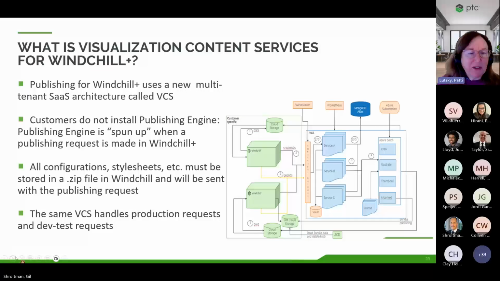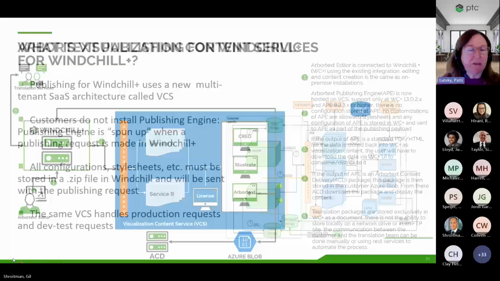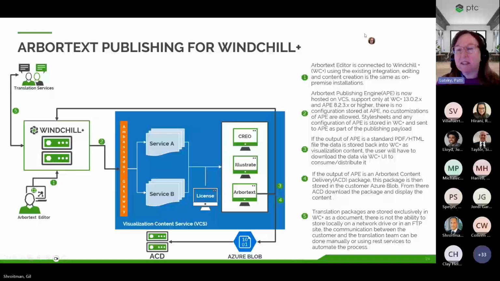Now, just a few other things to mention about Windchill Plus and Arbortext. This is a simpler chart, similar to the previous one, but a little easier to read. One is that Arbortext Editor will be connecting directly to Windchill Plus, similar to what you're familiar with.